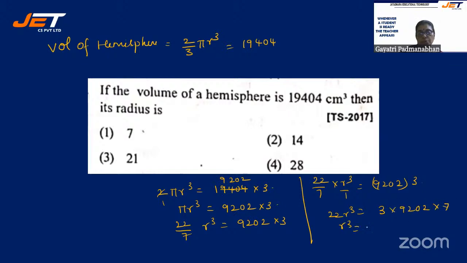So r cube is 3 into 9202 into 7 by 22. All right, students. So this is how you should try to put the value in this.